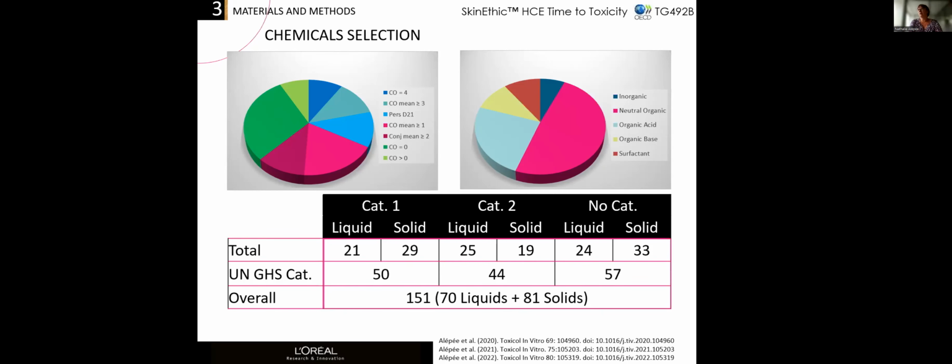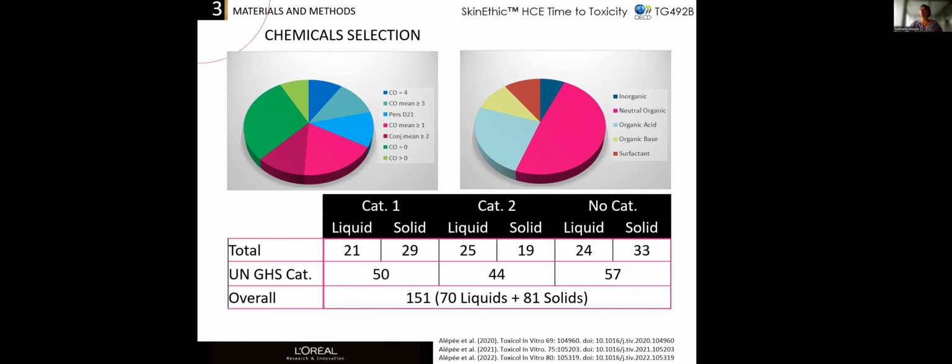I mean, soaps, surfactants, neutral, anionic, organic, inorganic, salt or acid, base, and so on, to cover the main generic classes. But it was also important when we came to the selection to cover the different functional classes, such as, for example, ester, amide, alcohol, alkane, amine, and so on. So I will not go through all this list, but most of them were there.